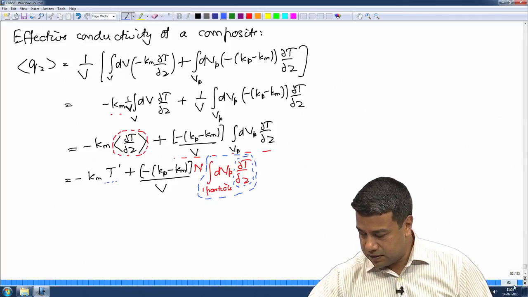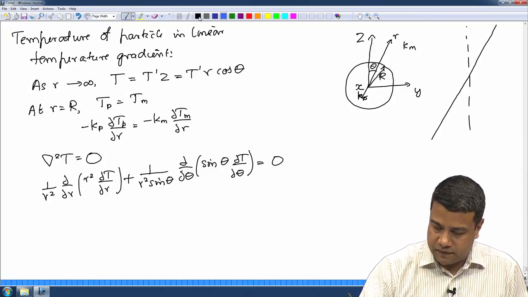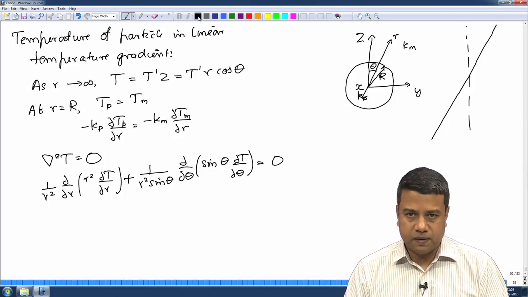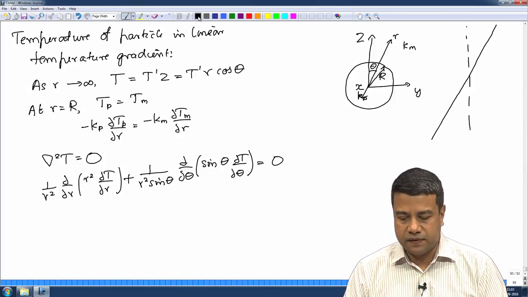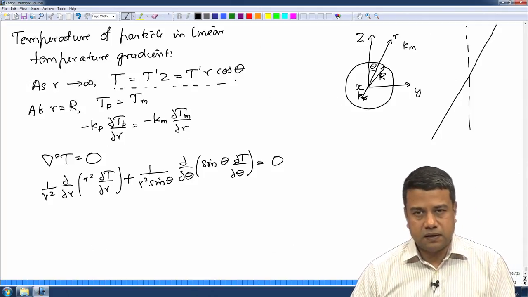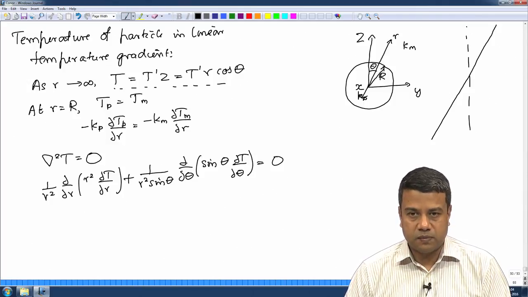And in the last lecture, I had posed this problem of the temperature field around one particle. I had said that we have a spherical particle in a temperature field in which the temperature is a linear function of z. It is preferable to use a spherical coordinate system here because we have a spherical surface for the boundary between the particle and the matrix.